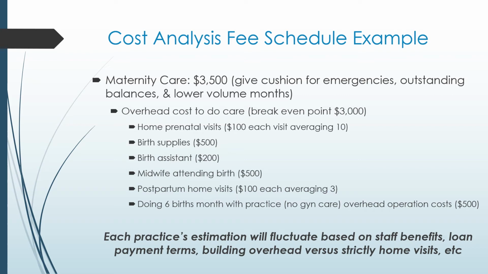If you're going to do 6 women a month and you've got an overhead cost where you need about $500 per patient, you've got to figure out what you're going to get on average for postpartum home visits, what you need for a birth, what you need for your birth assistant and supplies, prenatal visits, what your break-even point is, what your level is. So looking at this, I would comfortably want to get for most of my families around $4,000 for newborn care and all the other aspects included.